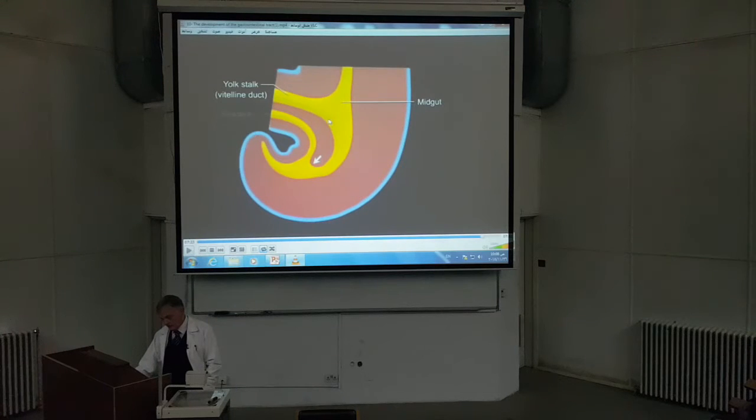Now, the hindgut is sharing the last part of it and it is called the cloaca, between the renal system and the gastrointestinal system. And this cloaca is going to be divided into two parts by a septum.